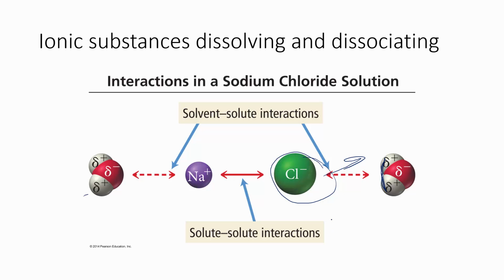Now the main key to whether or not something will dissolve is whether or not you can get enough water to surround the ion to overcome this interaction between the positive and the negative ions. So as a general rule, the more positive and more negative the ions are, the less likely you are to be able to get them to dissolve.